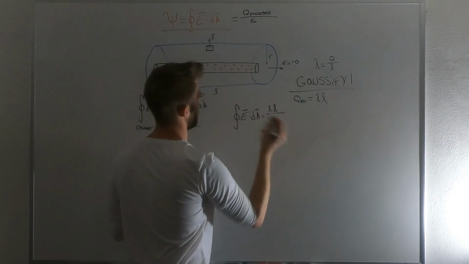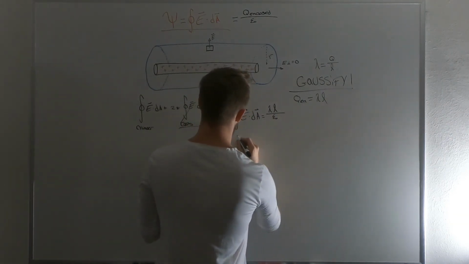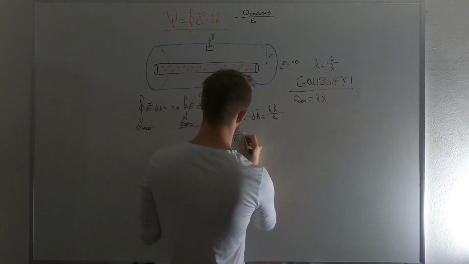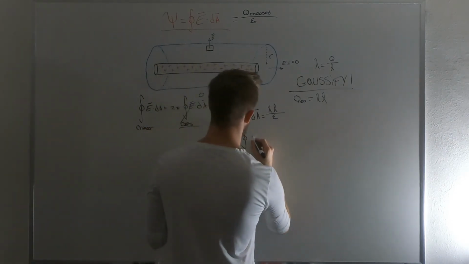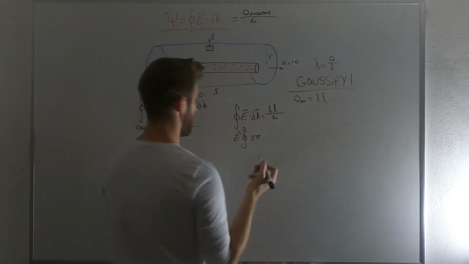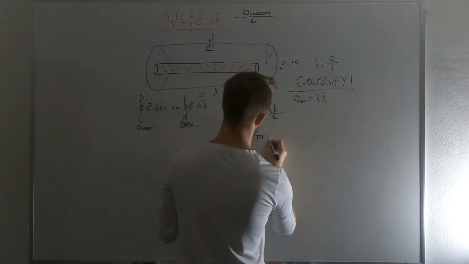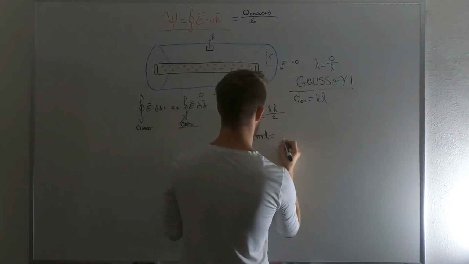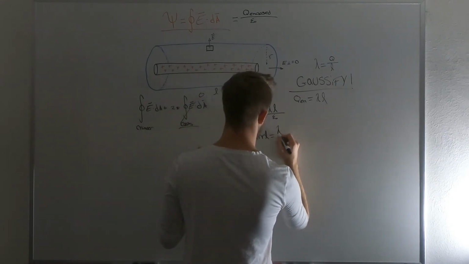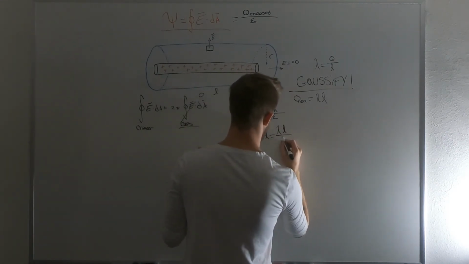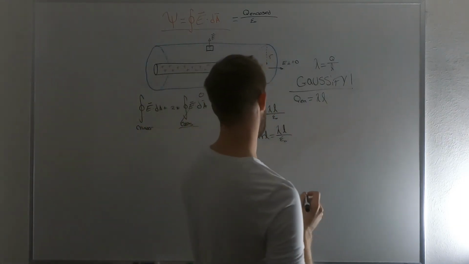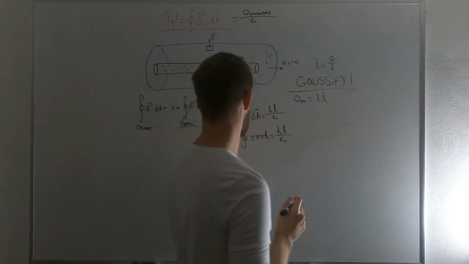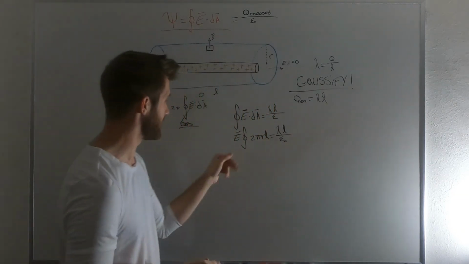So we're going to have some electric field, and we're going to pull this out because we have our constant, and then this is going to be 2 pi r times the length, equal to our line charge times L over epsilon naught. Now, what we can do at this point is bring this all over, since we're treating E as a constant.